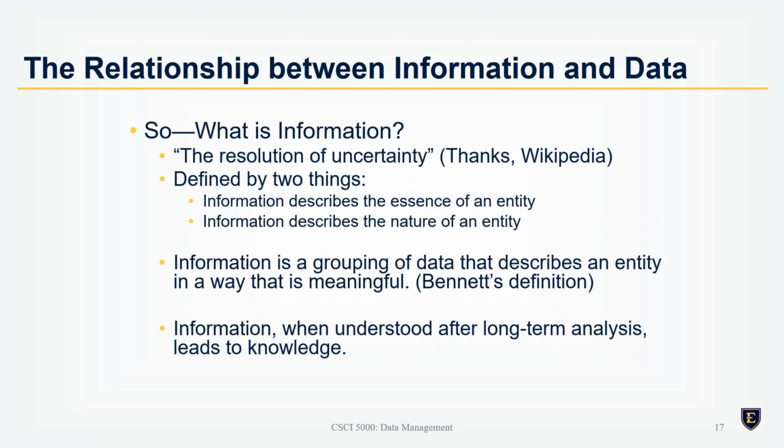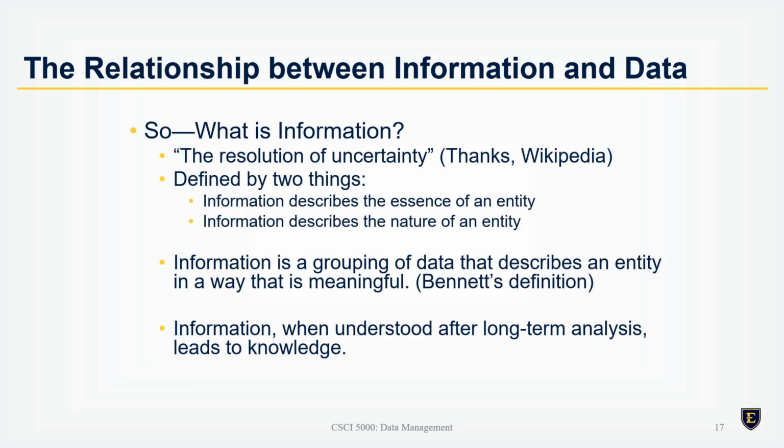So what is information? We've already kind of given a set of definitions for it. The resolution of uncertainty is what Wikipedia actually says about it. But it's defined really by two things. It describes the essence of an entity, so an entity is a thing that we can describe, and it also describes the nature of that entity.